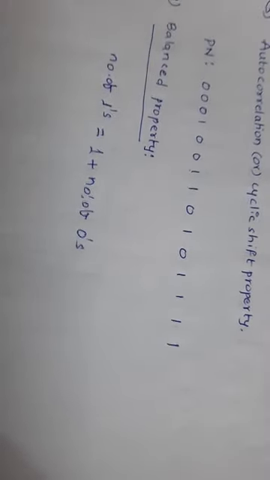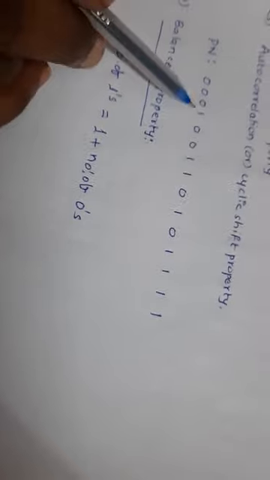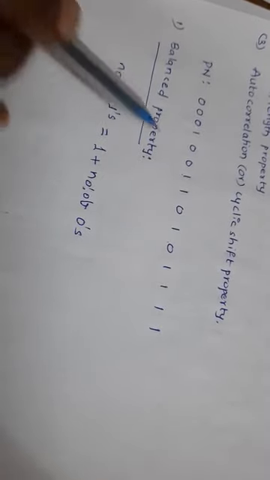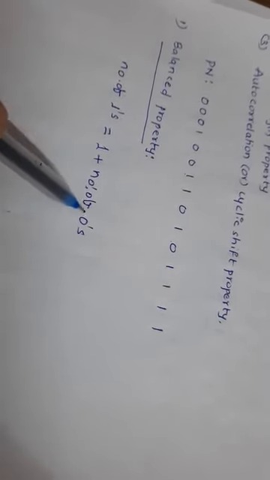In this example, if you count the number of ones, 1 2 3 4 5 6 7 8, and the number of zeros, 1 2 3 4 5 6 7, the number of ones is 8 and the number of zeros is 7. So I can say the number of ones is always one more than the number of zeros.